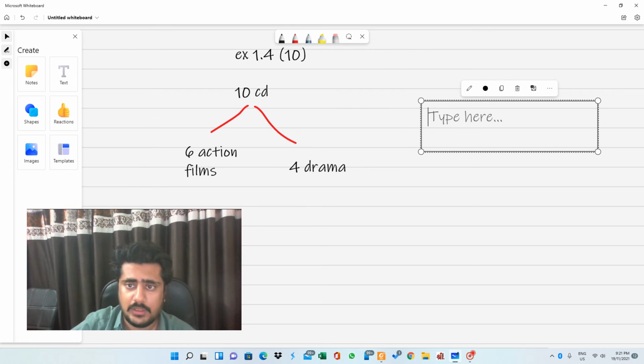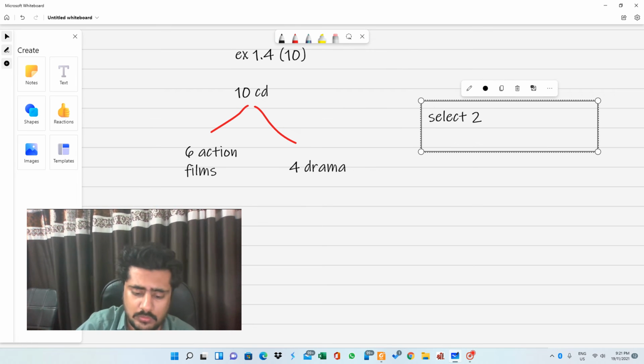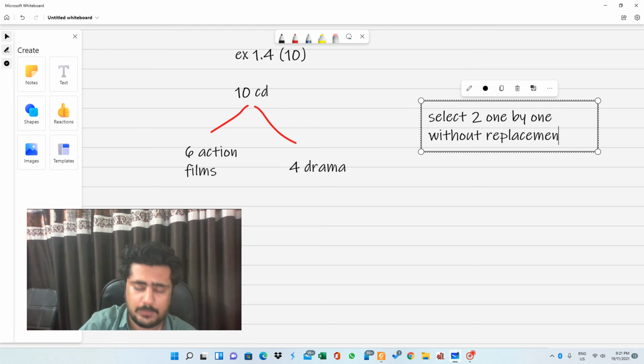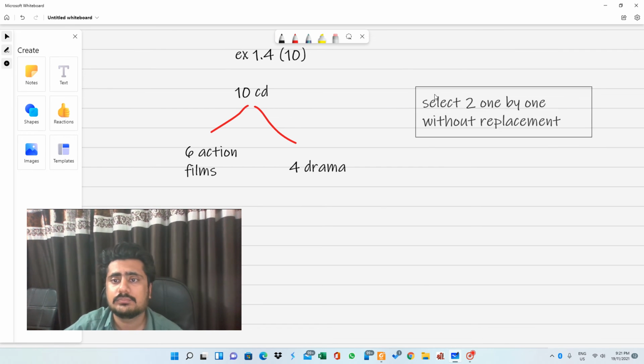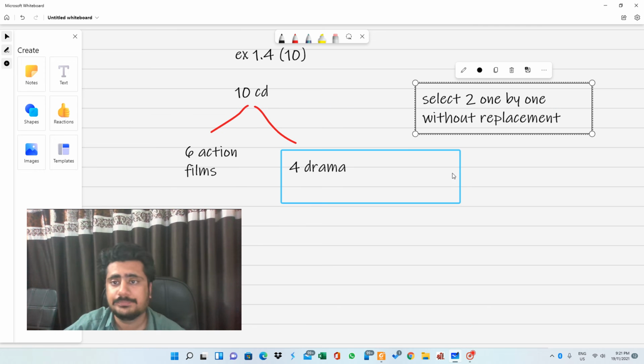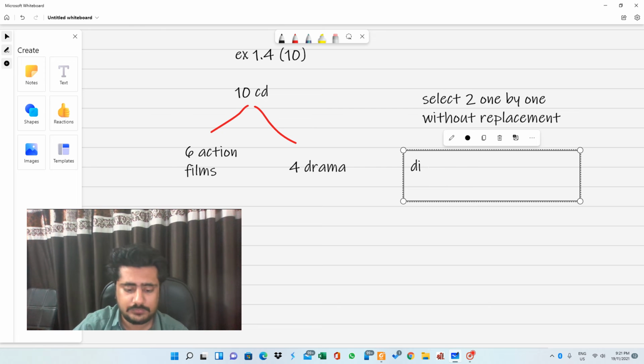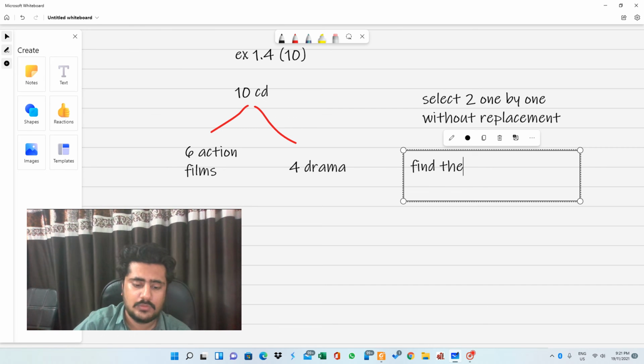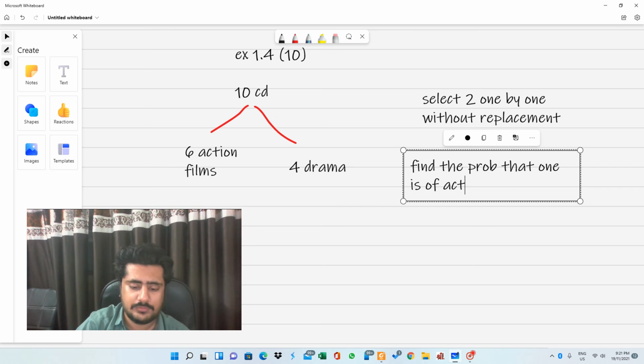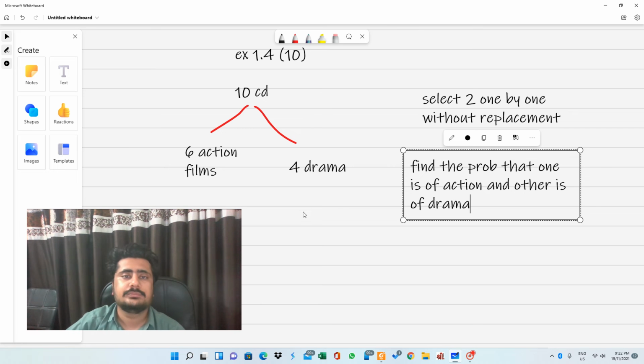The question is you have to select two CDs one by one and without replacement. You have to find the probability that one is of action and the other is of drama. Okay, so this is your task.